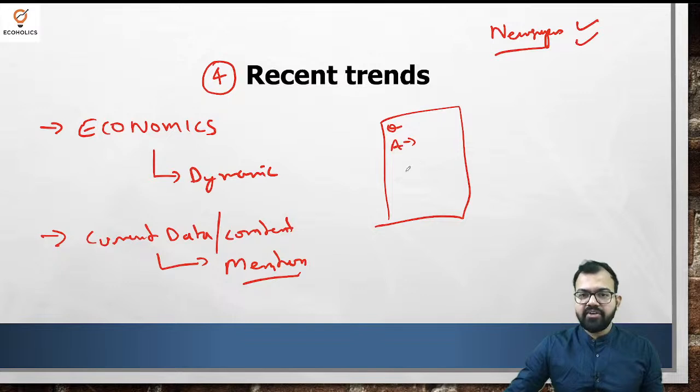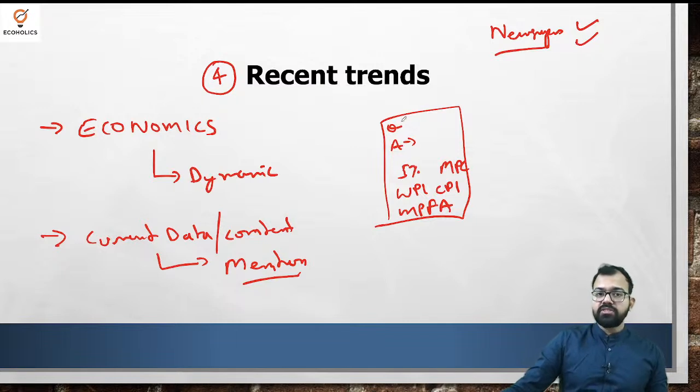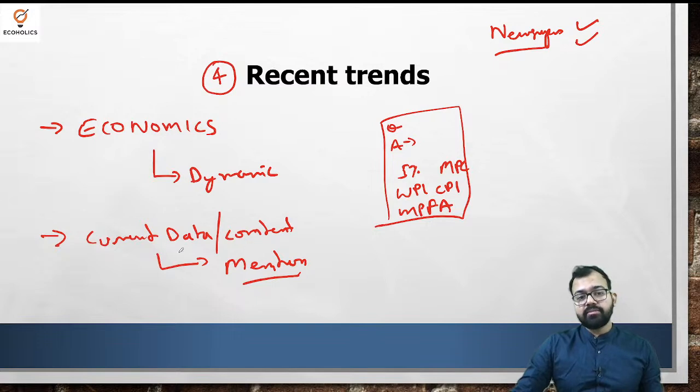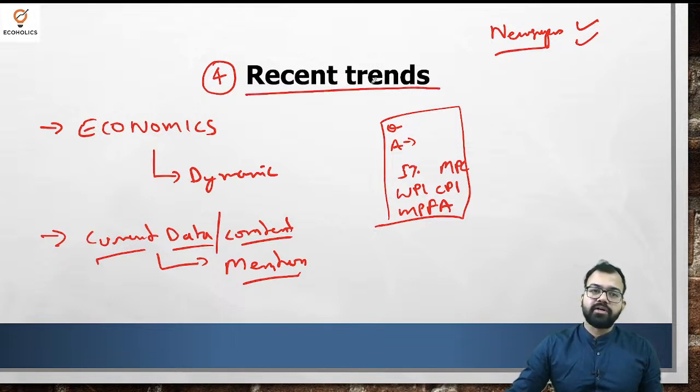Then I should write a few data points like inflation percentage, WPI, CPI data, and then somewhere the monetary policy framework agreement or MPC decisions taken. So even if the question is from the syllabus, if the answer requires some current content or data, you should mention it. That is why in economics optional, recent trends are important. UPSC will never ask the direct data, never, but UPSC will ask the trends.